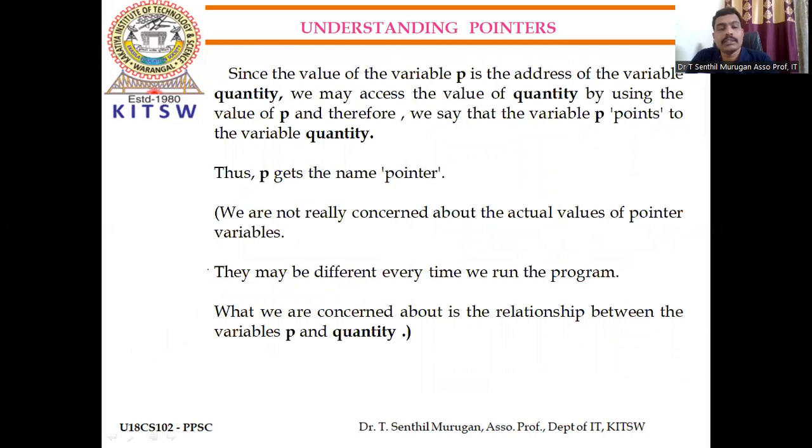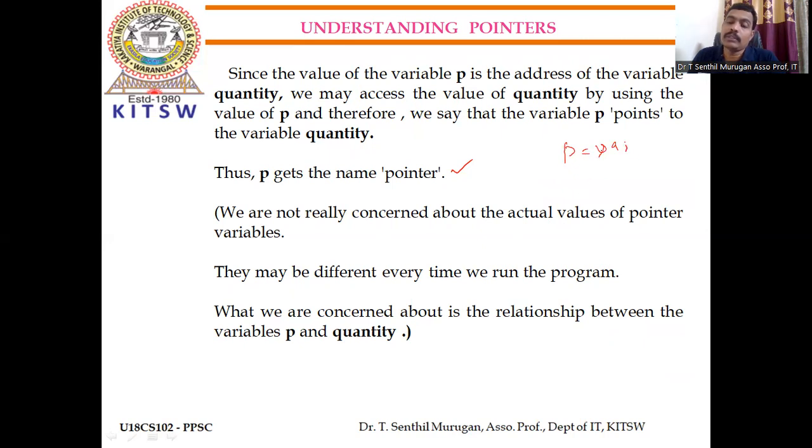So in this example, you just see p gets the name pointer. I already told you the pointer variable is p. We are not really concentrating on the actual value of the pointer variable. It may differ every time. In the first line I can declare p equal to ampersand a.